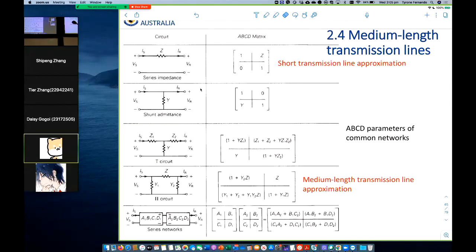Then we have a bunch of other networks, and also on the second last row, the model for the medium length transmission line, which is a pi circuit, and we can also see the ABCD values for that pi circuit in the two-port network representation.